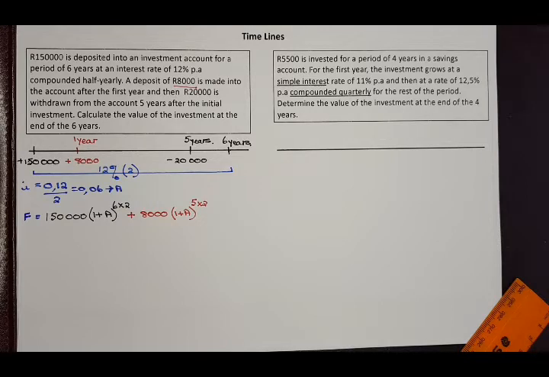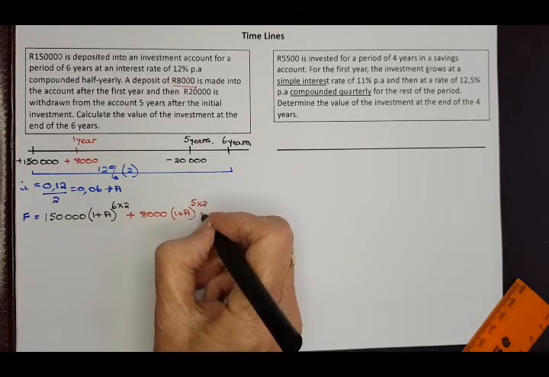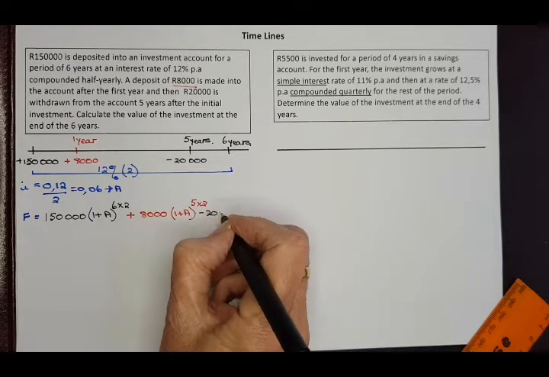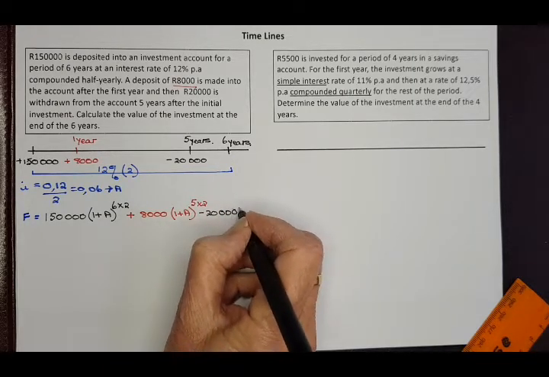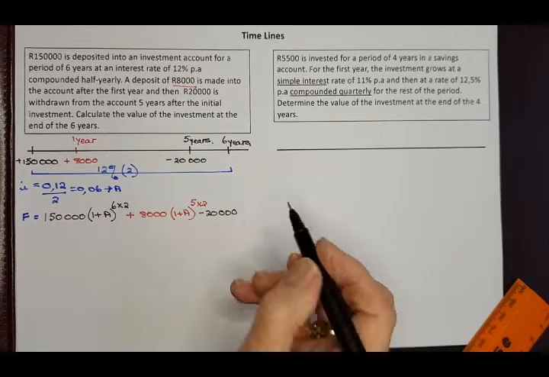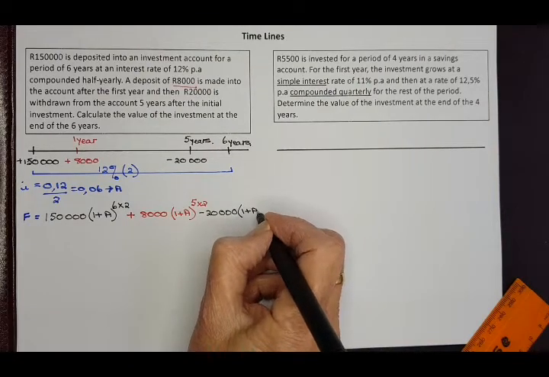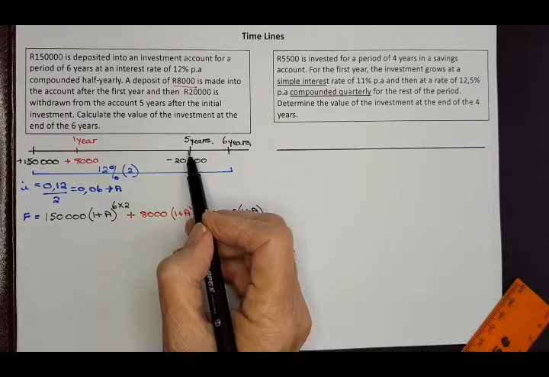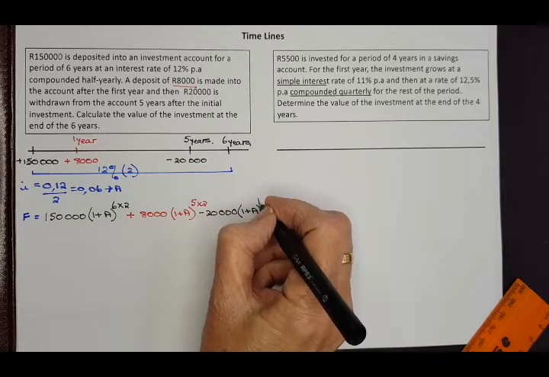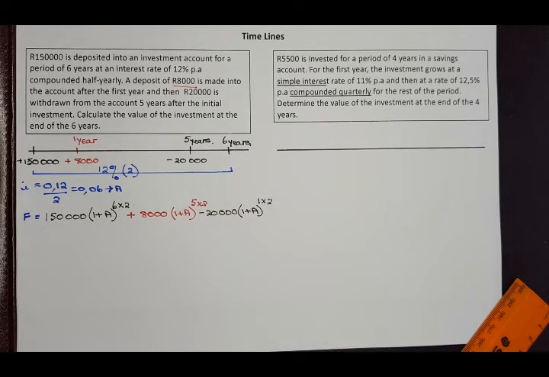The third time you go into the bank, what you're doing is you're taking out 20,000 Rand. But you're not only taking out that 20,000 Rand, you're going to take that money out and the interest that that money would have earned for a period of 1 year, compounded biannually.